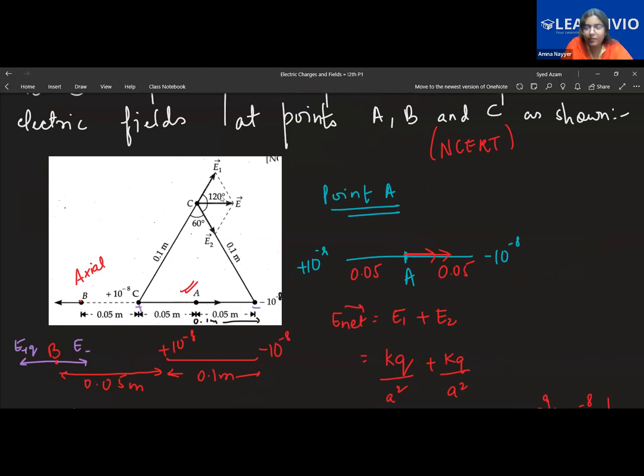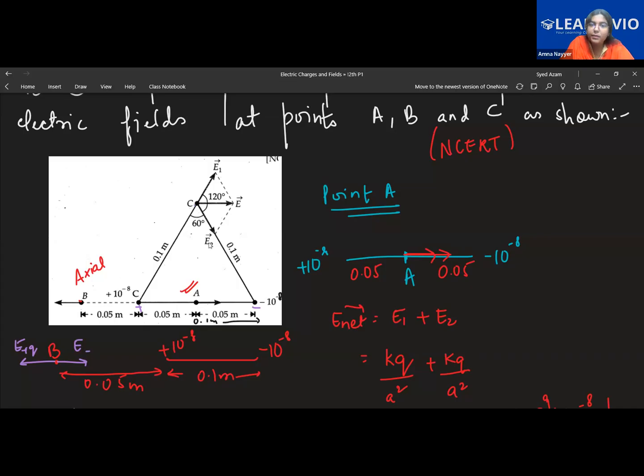If you look carefully, class, E1 is the electric field due to the positive charge, this one. The charge is 10 to the power minus 8, and the separation is 0.1. And look at E2. E2 is the electric field due to this negative charge. When we take the magnitude of the charge, it is 10 to the power minus 8 coulomb, and the separation is also 0.1 meters.